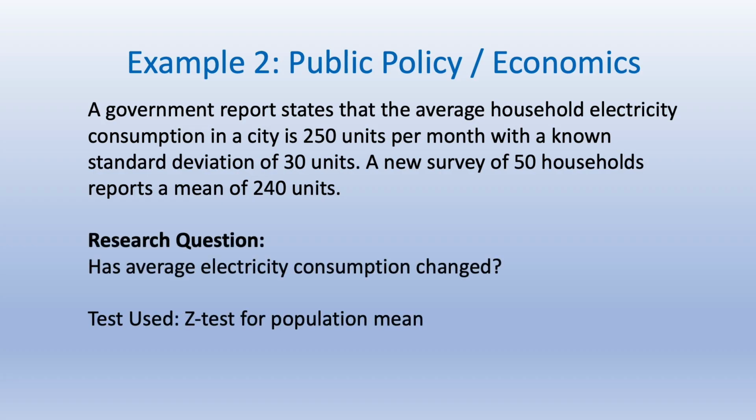The research question is, has average electricity consumption changed? And the test used is Z-test for population mean. In this case also, you may note that the population variance is known, the sample size is more than 30, and the variable is average household electricity consumption, which is a continuous variable.